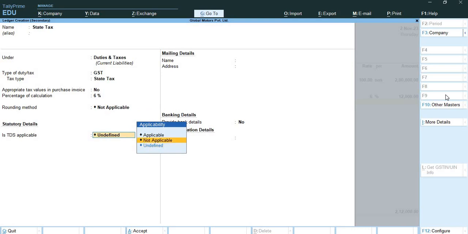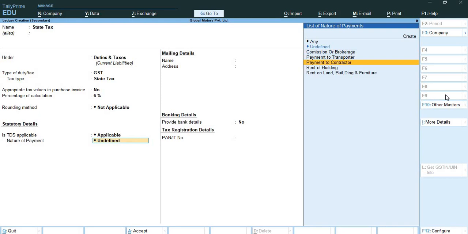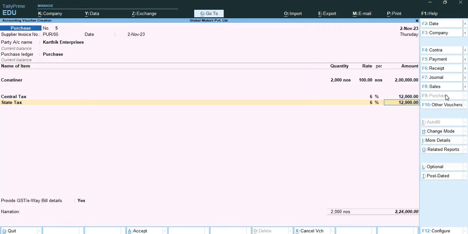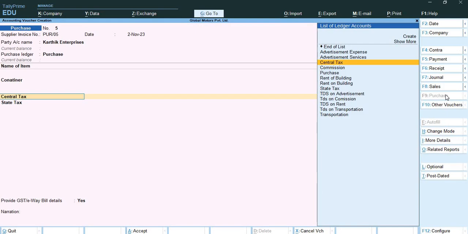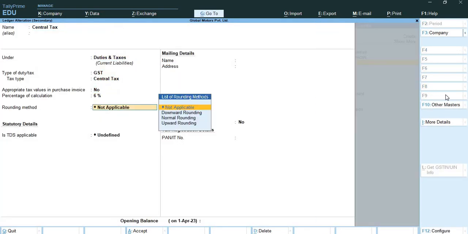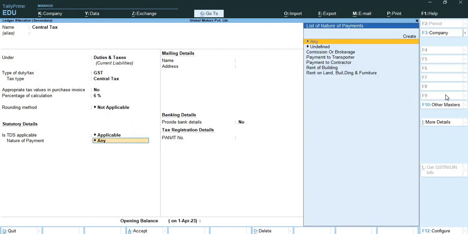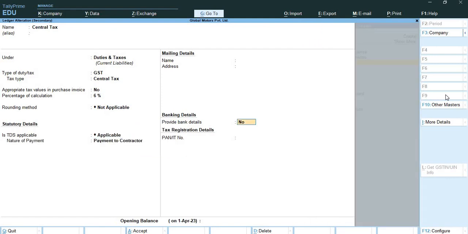TDS applicability will be applicable and payment to contractor. Here in the central tax also, I'll enable TDS applicable and payment to contractor.